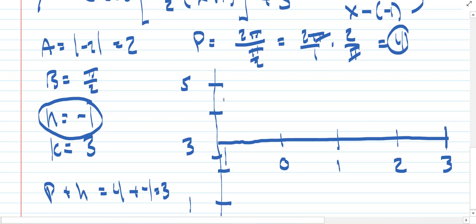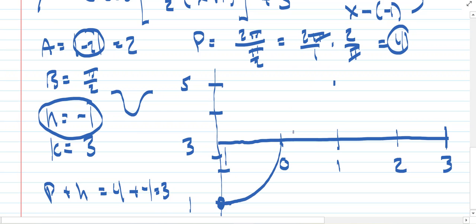All right, so remember that the cosine function looks like this. It starts high, goes down low, and comes back up again. But because of the -2, we want to invert that. So we're going to start at the low point down here at 1. We're going to come up to the midline at 0.